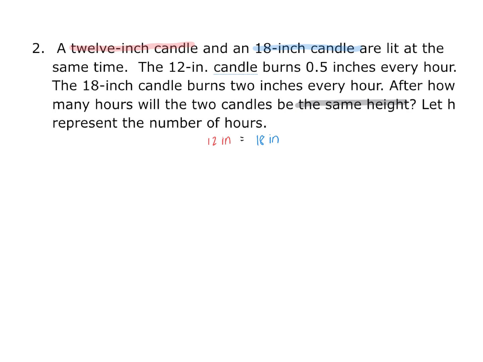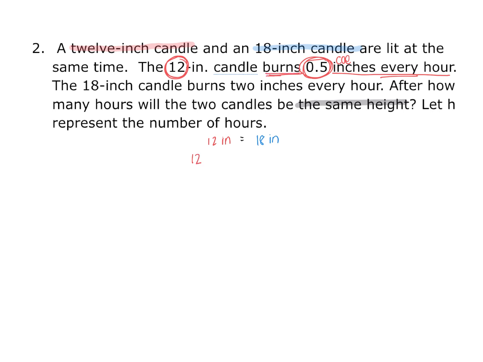Then we can go through and find more information about our 12-inch candle. It says the 12-inch candle burns ½ inch every hour. Because this number is attached to a multiplication keyword, we know that's our coefficient. Our constant is going to be this 12 because that's the starting height, so that's our candle's starting amount. So we have 12.